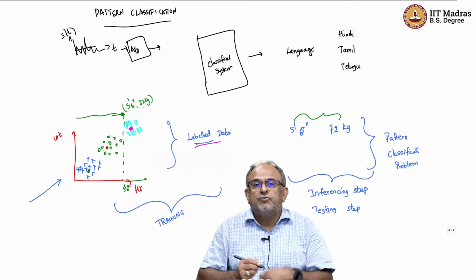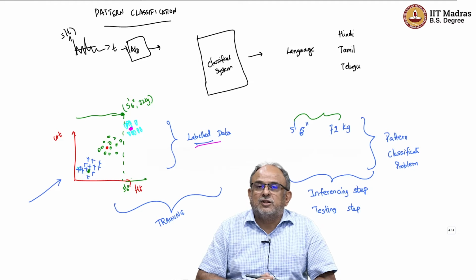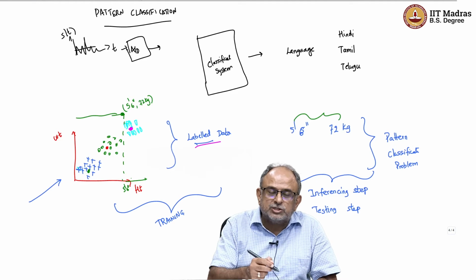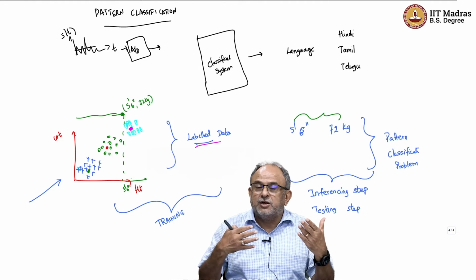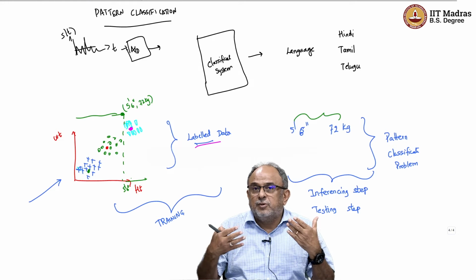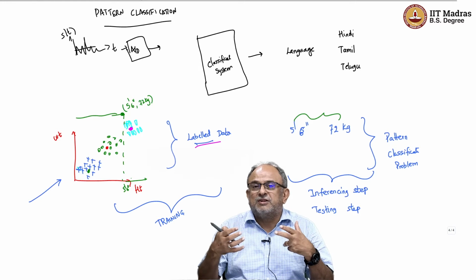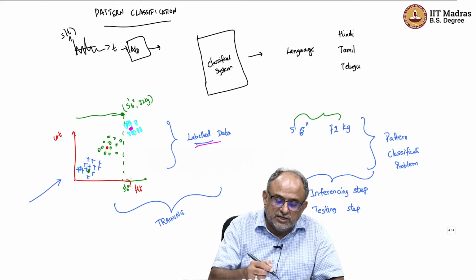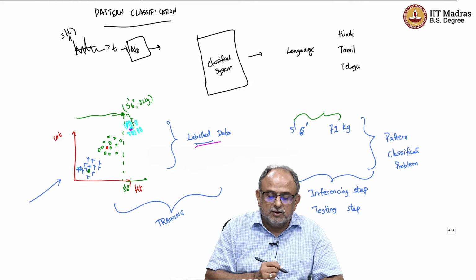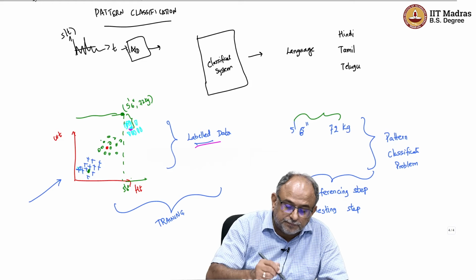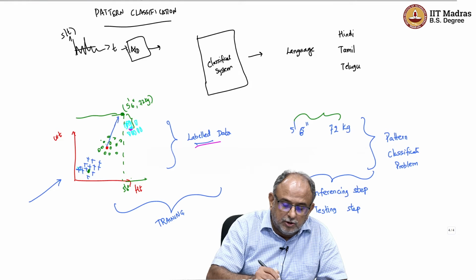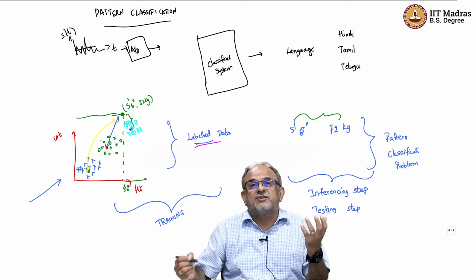Now you know visually what that class should be, because it is closest to the pink circle. That is our measurement of closeness between the test data and the template or the pattern that best represents each of the classes. In this case the 5 feet 6 inches 72 kgs is very close to the pink circle, as opposed to the distance between these two, so it is furthest away from child.